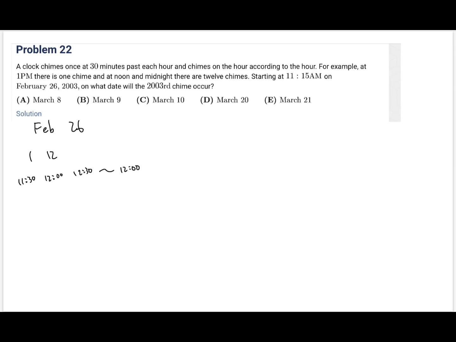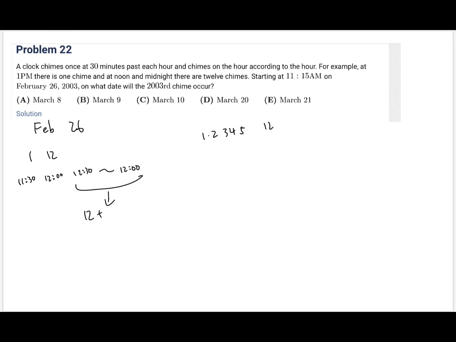So let's first find out this much. There will be 1 every 30 minutes, right? So 12:30, 1:30, 2:30, 3:30, 4:30, 5:30, 6:30, 7:30, 8:30, 9:30, 10:30, 11:30. So this is 12. So there's 12 plus, and then we have 1 at 1, 2 at 2, 3 at 3, 4 at 4, 5 at 5, all the way to 12 at 12.